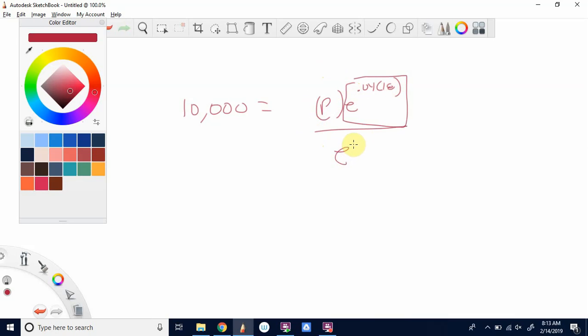So we're just going to divide by e to the 0.04 times 18 to get P. You put it in your calculator and you get approximately $4,867.52. All right, let's stop the video, do the guided practice, and we'll see you in class.